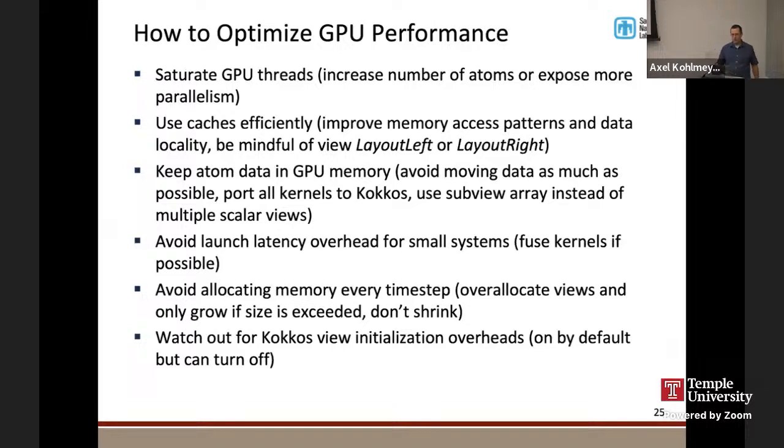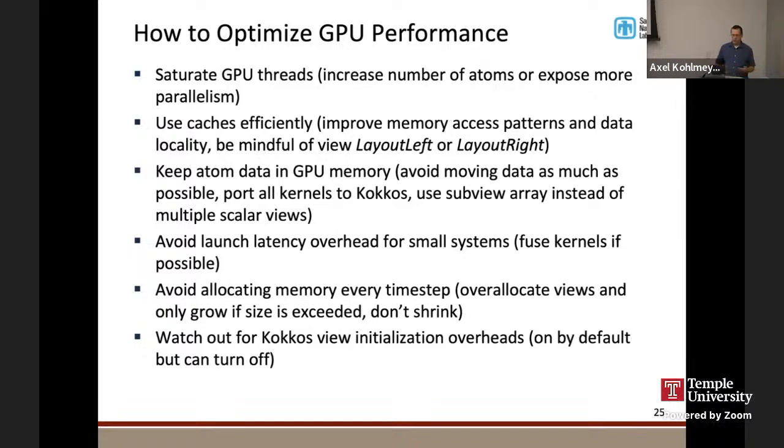Okay, so let's say that you've debugged your code, it's working, but you want to optimize the performance. How do you do that? Well, for GPUs, you want to saturate the threads. That could be either increasing the number of atoms that you're running or exposing more parallelism. On a GPU, you have on the order of thousands of threads.